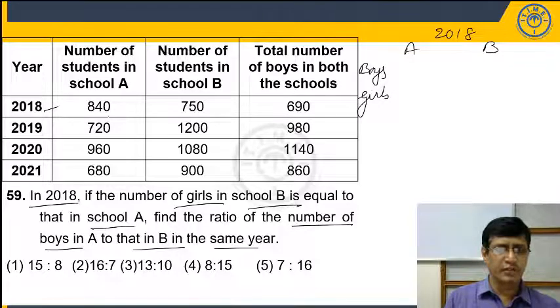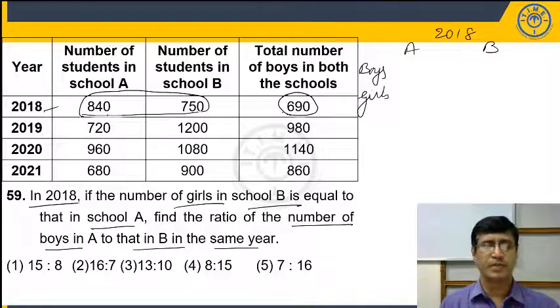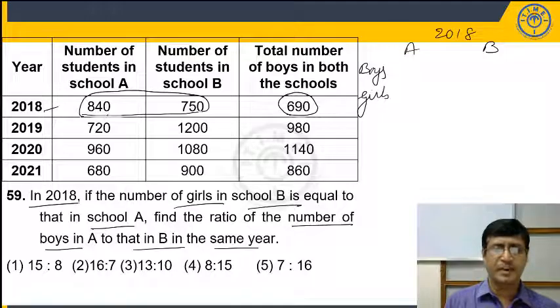So total number of students, if you observe, 840 and 750. Only boys means 690 from both the schools. From both the schools, boys, how much is it? 690. Subtract this 690 from the sum of these two values. So 750 minus 690, how much is it? 60. 60 plus 840, how much? 900. So what is that? 900 girls.